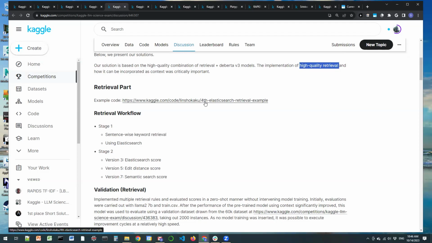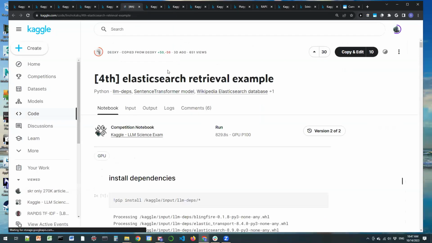It's a traditional lexical search or like a BM25 search, which is like a version with a lot of implemented rules, I think, on top of that. That seems like a worthwhile thing to explore, right?